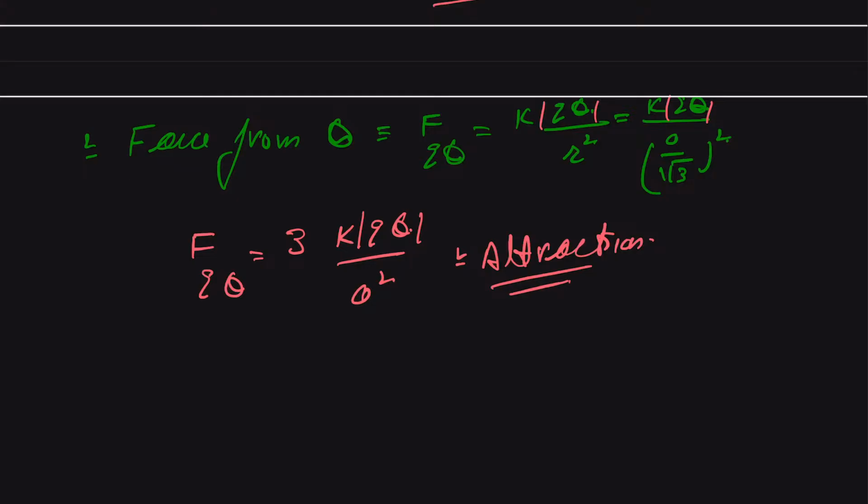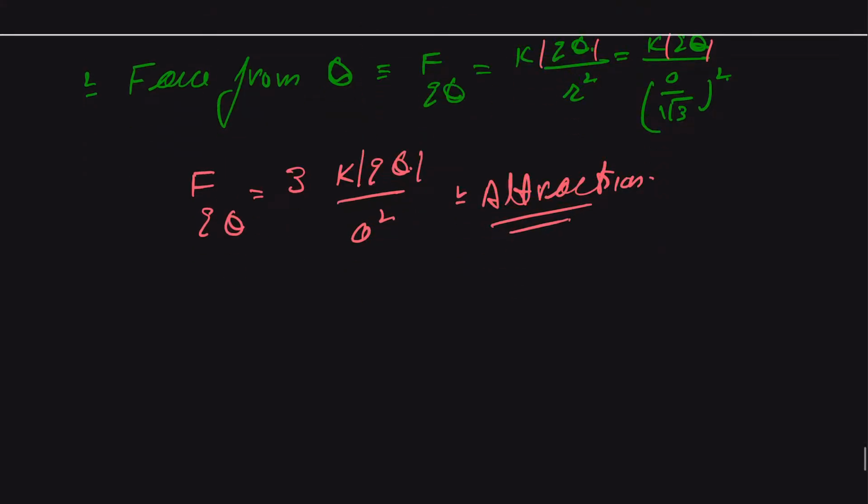So for net force to be 0, we can say at equilibrium we can write that F_QQ is equal to F small qq.